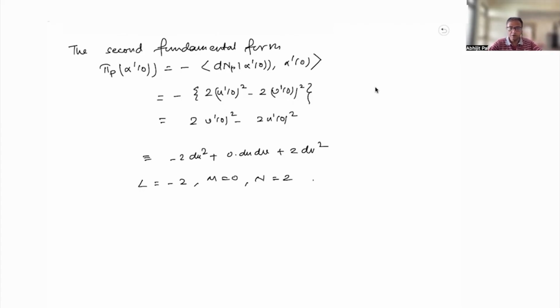Okay, so now let me define what we mean by normal curvature.